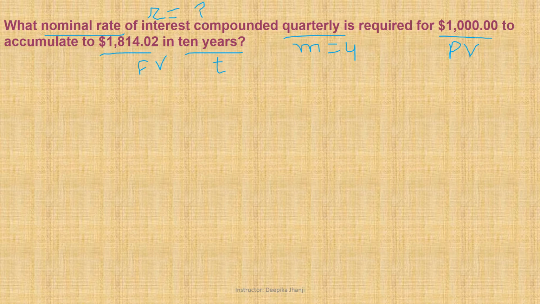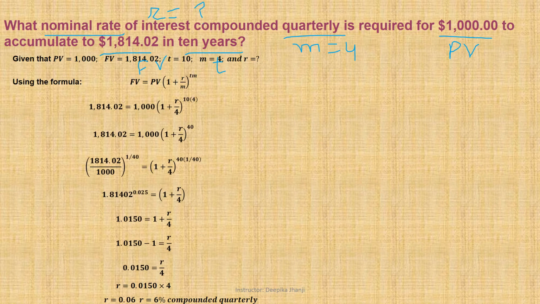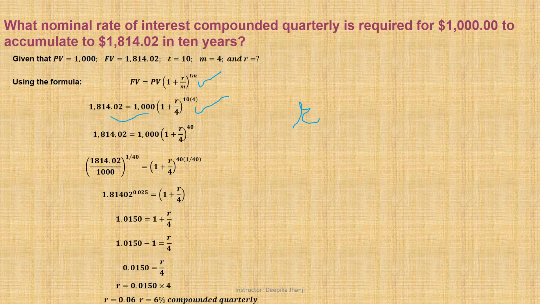Okay, so here we have the calculations of calculating R. We'll consider the formula and then plug in all the values. Our focus is to isolate R. So we'll take everything on other side step by step. Take 1000 on other side first.